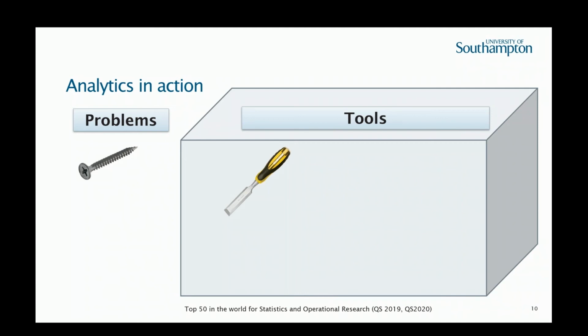Obviously, you cannot use a chisel, right? So maybe, can we use this tool? Well, I believe some of you will say yes, we can use that. But the next question would be, is it the right tool? Is that the best tool for this problem?